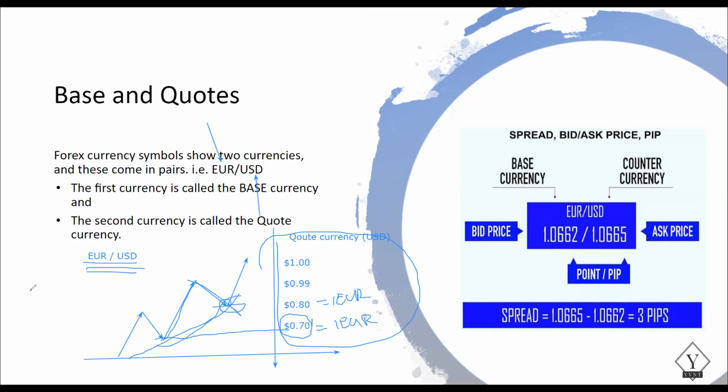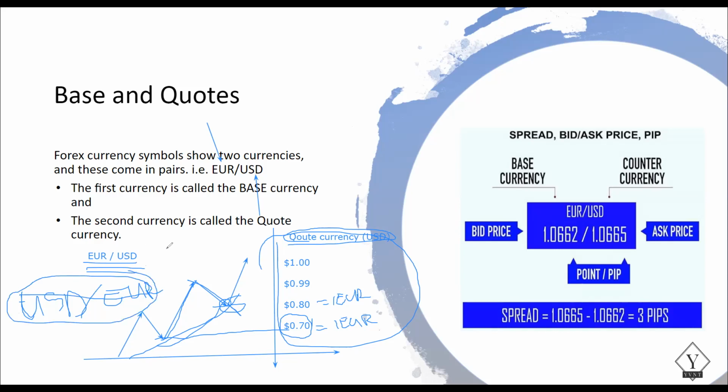So if the currency pair was USD euro, if it was the other way around, then this was going to be in euros. So meaning that 80 cent euros would have bought us $1 if this currency pair was like this, USD euro.